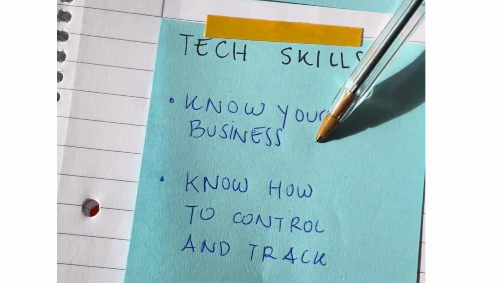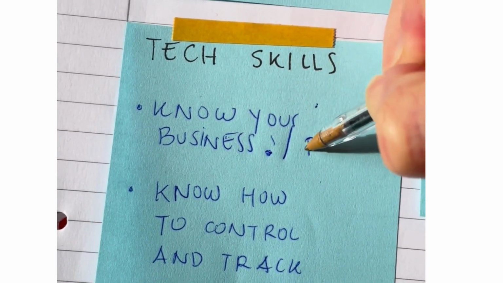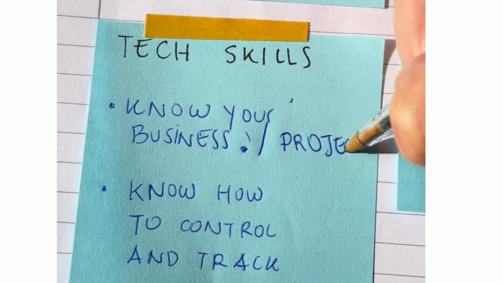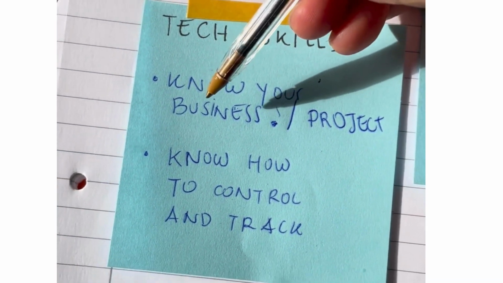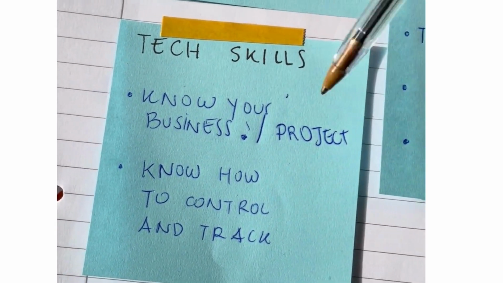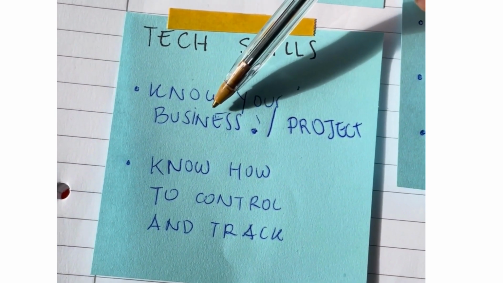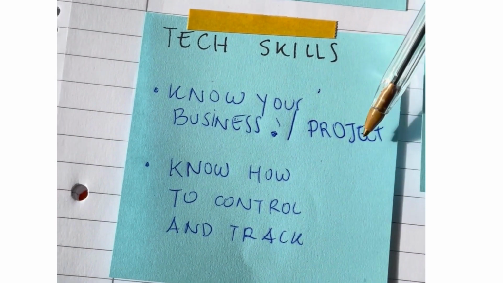First, you need to know your business. And what I mean by this is, for example, a project. You can be working on a project, or you can be working at a company. Whichever thing you're doing, you know what your business is doing, what the project is about.